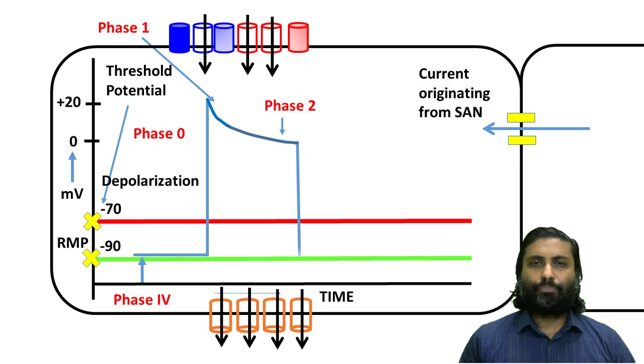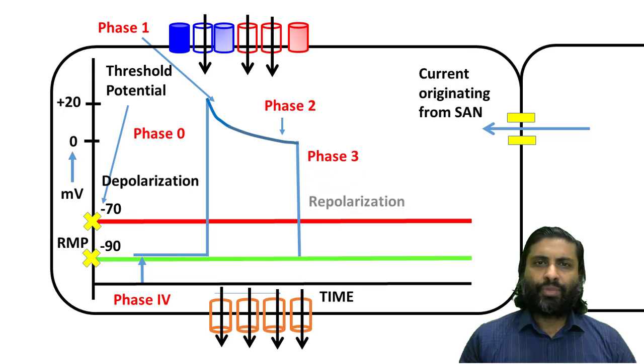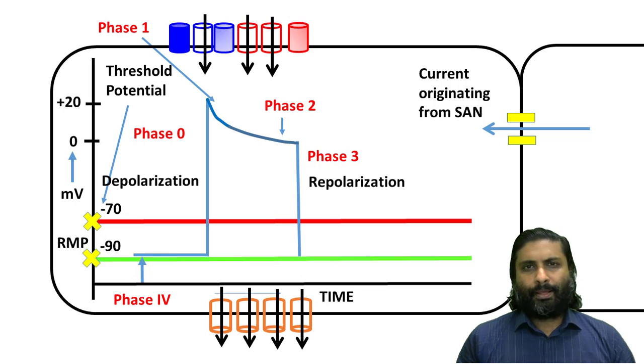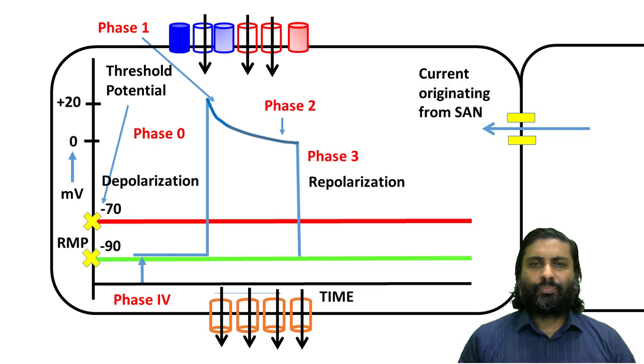We call it the repolarization phase of the action potential. So this is what we would expect to occur normally in the action potential of a ventricular myocyte, and this action potential is very similar to what we see in a His-Purkinje fiber.